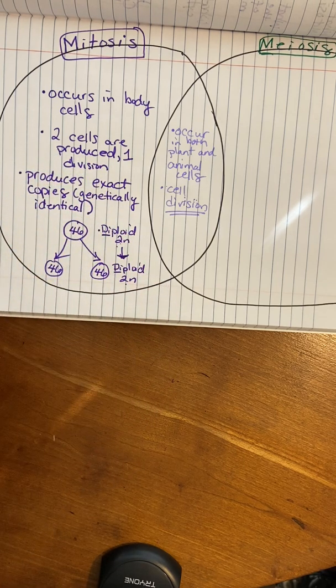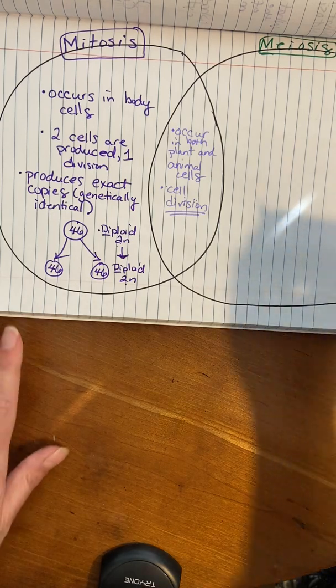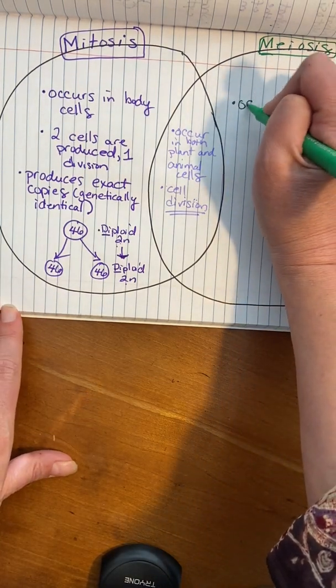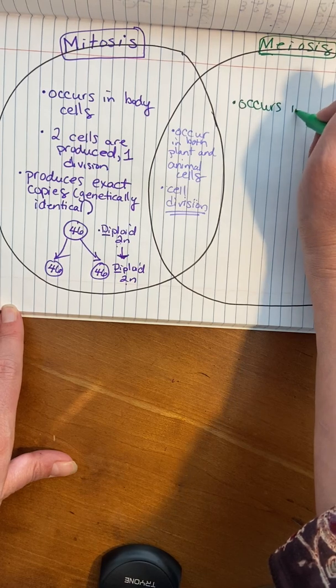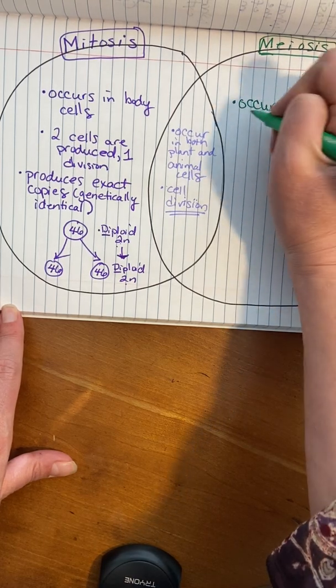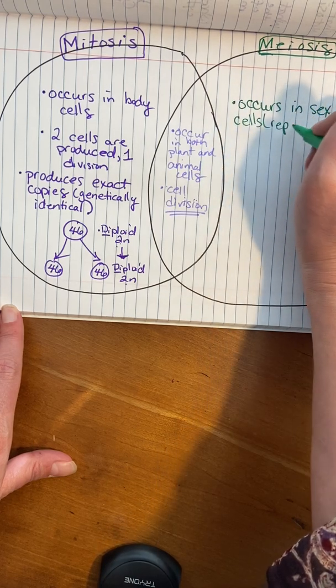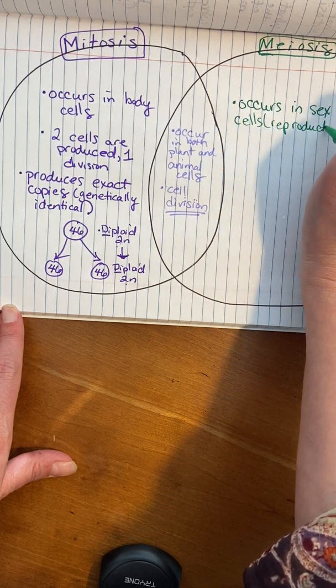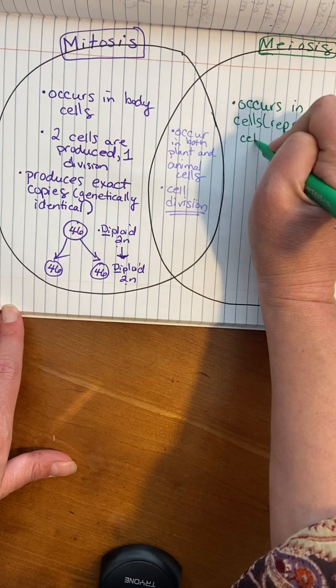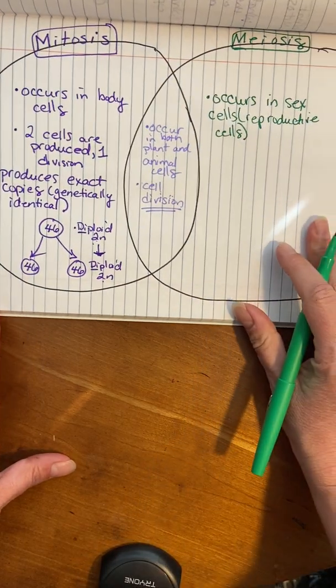Now, the meiosis, where does it occur? Meiosis occurs in just those special sex cells or those reproductive cells. And that's in plants and animals, okay?